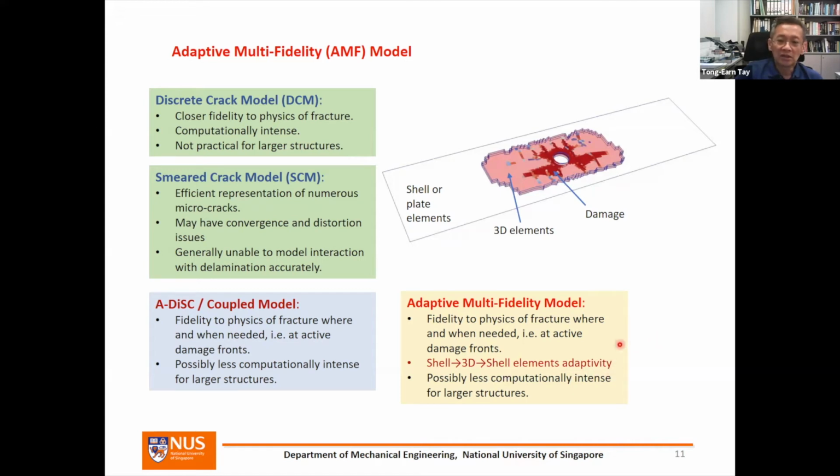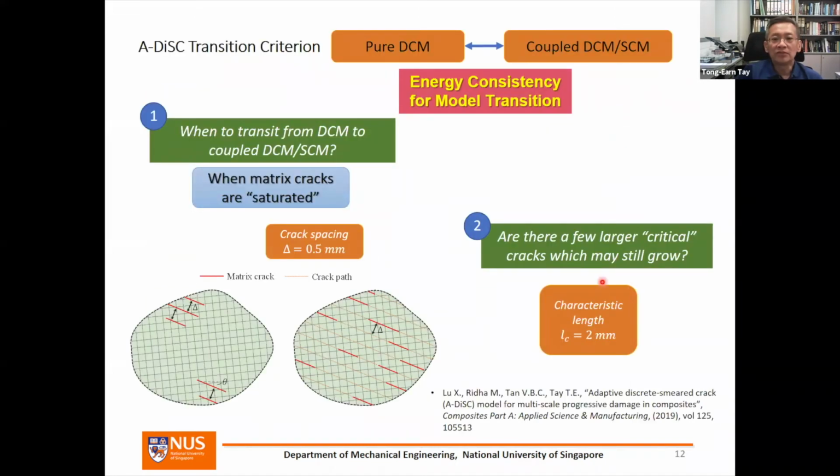Adaptivity. There are quite a number of issues that we need to consider when we do this. So this is ongoing work. We haven't finished it yet. Some of the issues for adaptivity from a pure discrete model to a coupled model are that we have to ensure the energy consistency in terms of fracture energy and stored energy for the model transition.